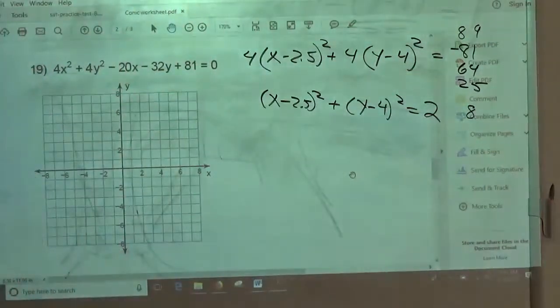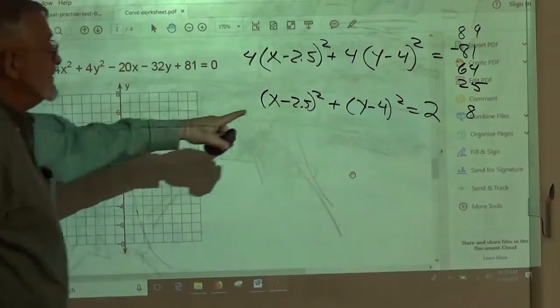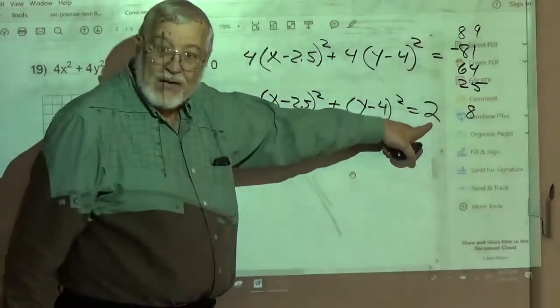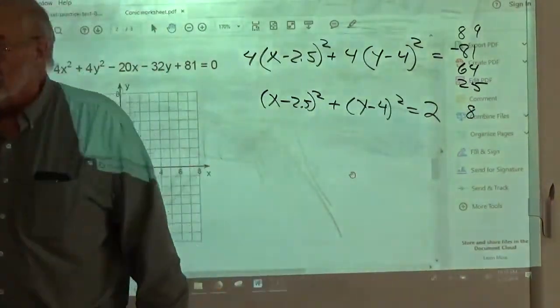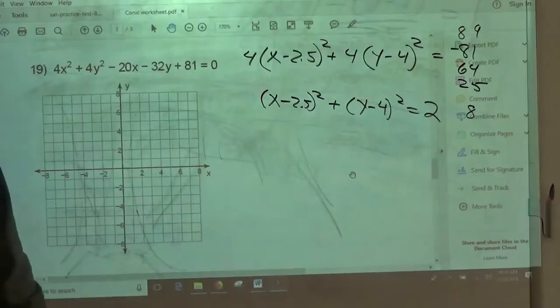Now what's the radius? It's the square root of 2, because this is r squared. So to take the square root of it, the square root of 2, which is a little bit more than 1.